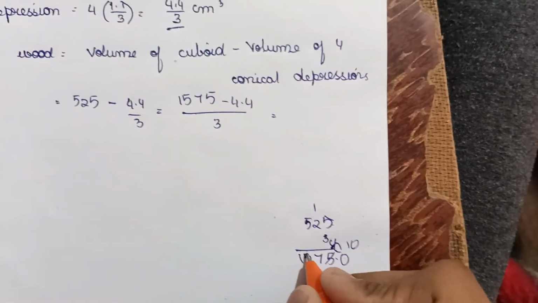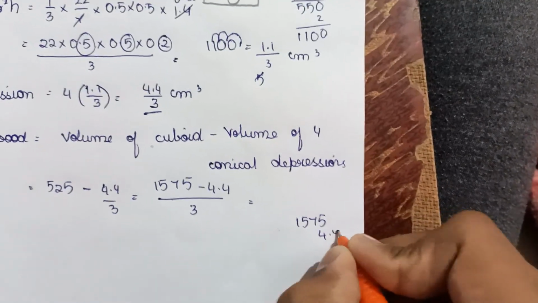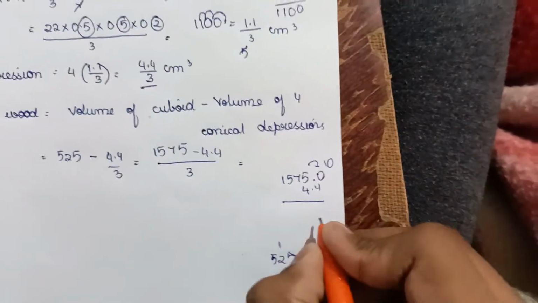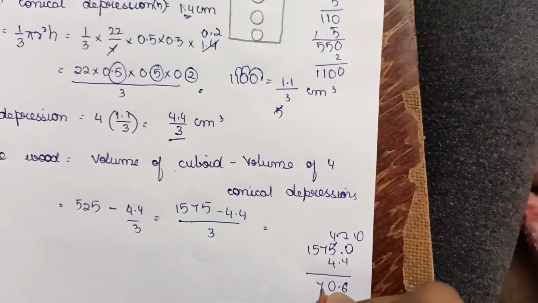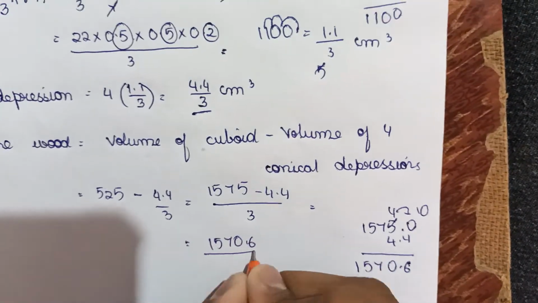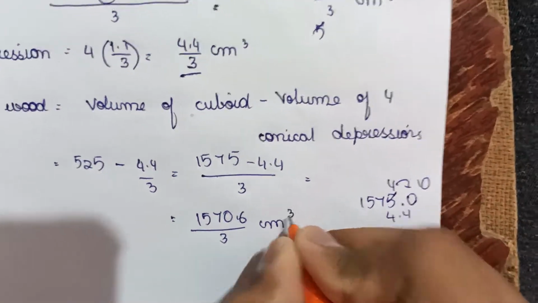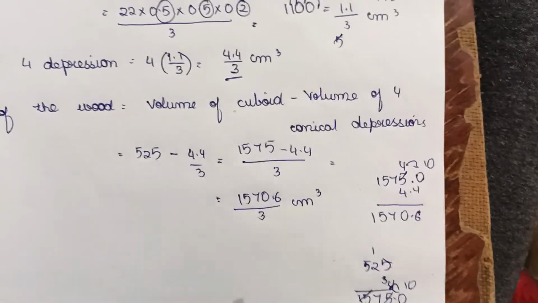Oh no guys, we have made a small mistake here. 1575 minus 4.4: 10 minus 4 is 6, and 4 minus 4 is 0. We have 7, we have 5, which is equal to 1570.6 by 3 centimeter cube. This is the volume of the wood we required, which is asked in the question.